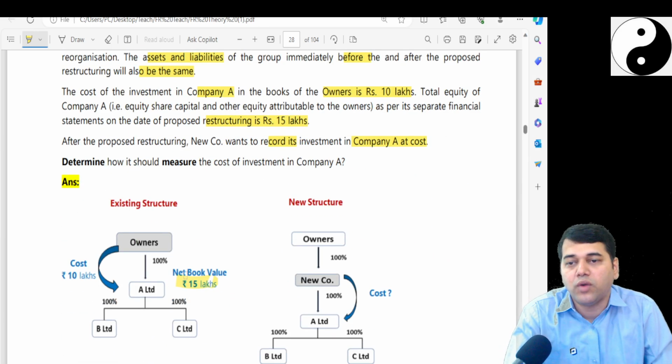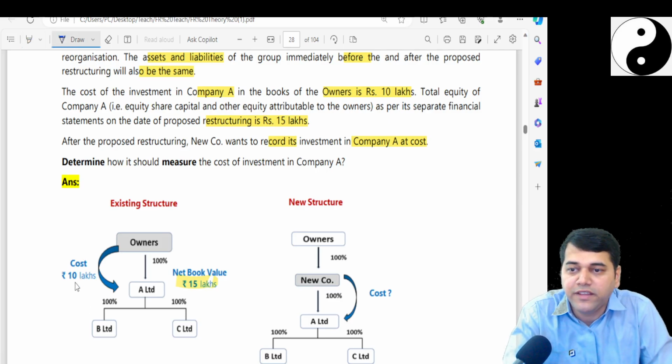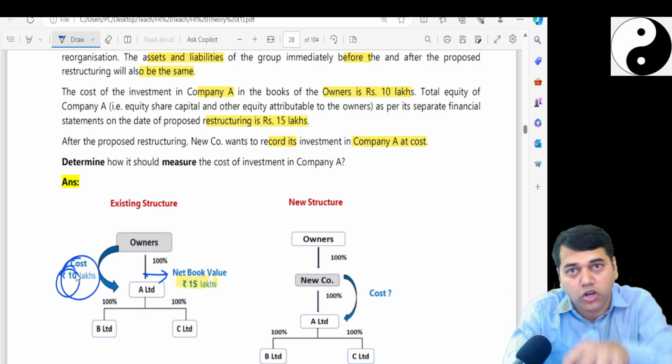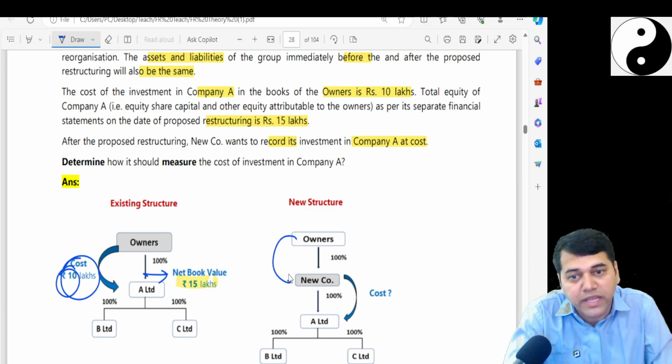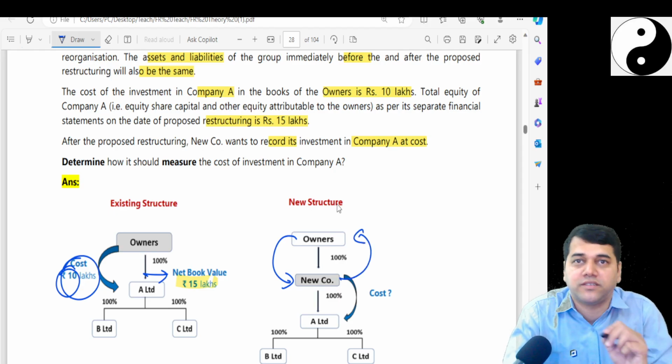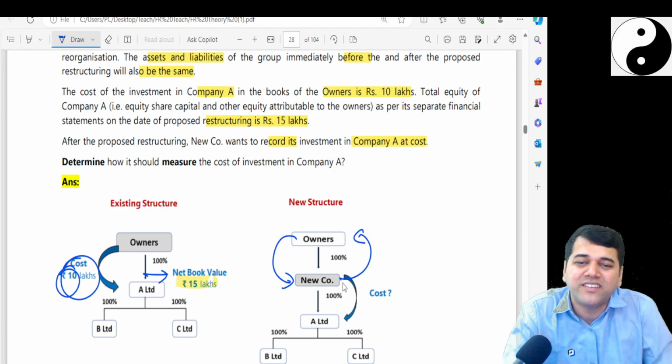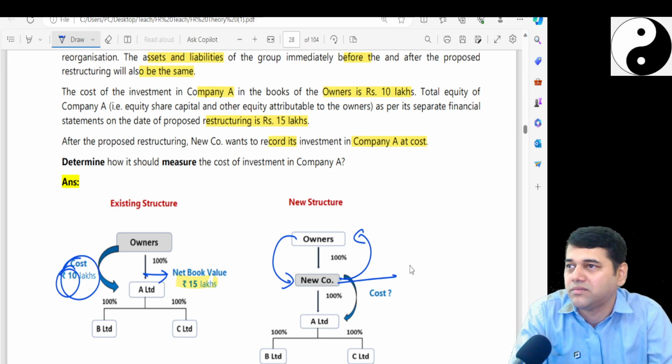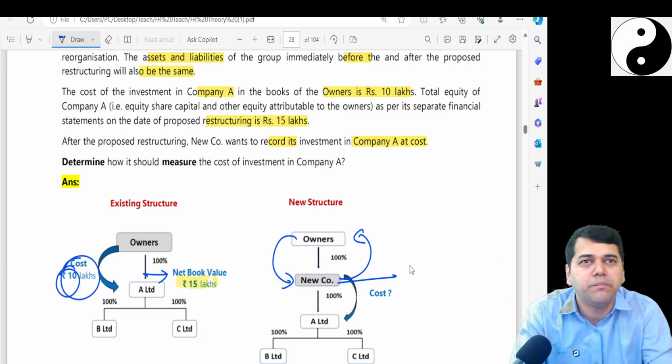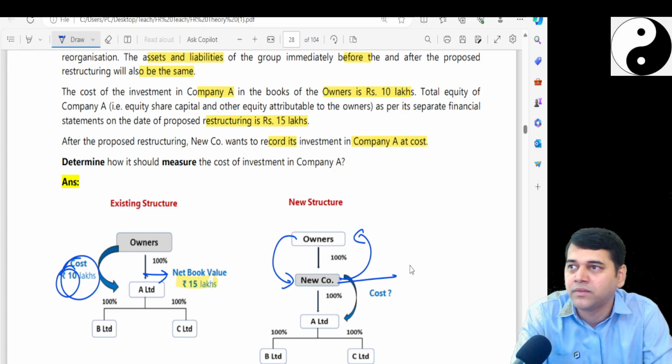Now see what happened. They have invested rupees 10 lakh. This 10 lakh has turned into 15 lakhs. This 10 lakh cost worth they gave to them, and they took their shares. If you see, this is notional, no? This is notional, right? New company is one in name only, for namesake.